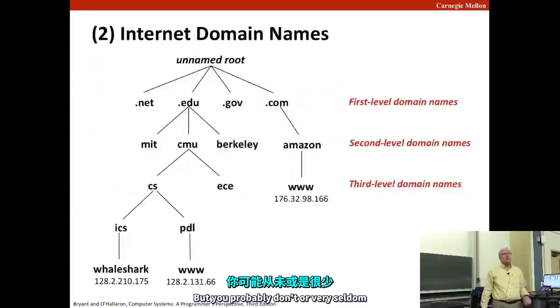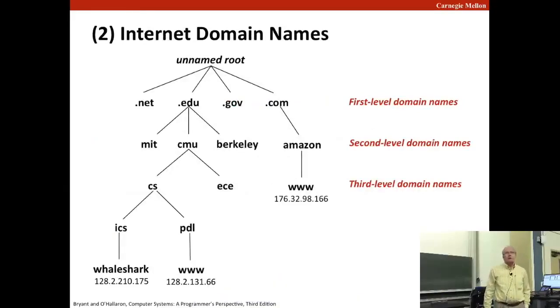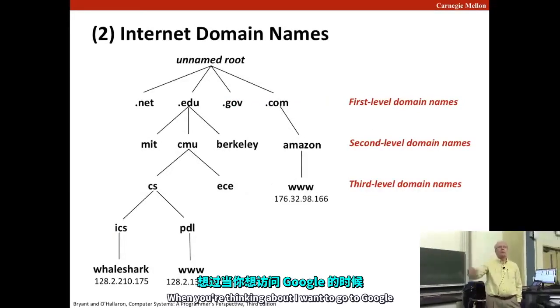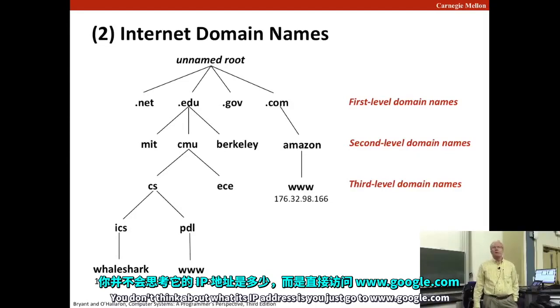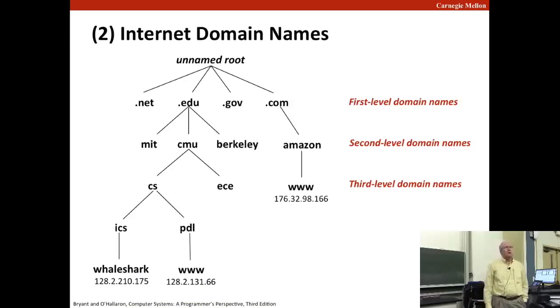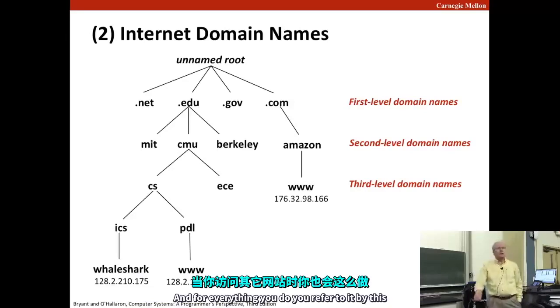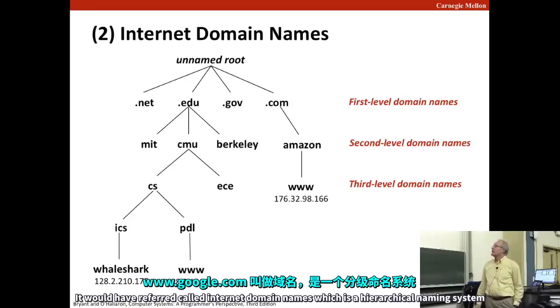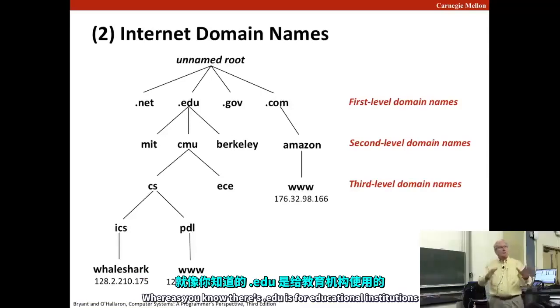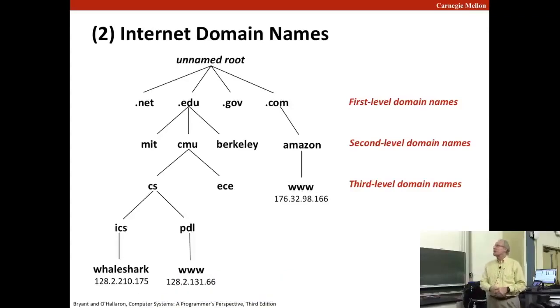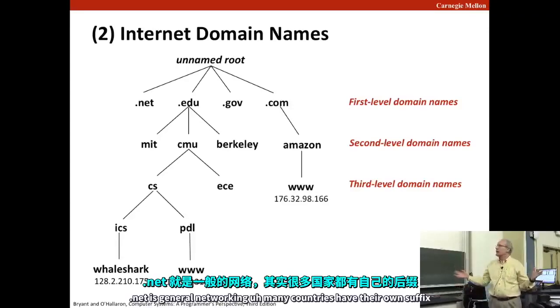But you very seldom think about what an IP address is when you want to go to Google. You just go to www.google.com. For everything you do, you refer to it by what are called internet domain names, which is a hierarchical naming system where, as you know, .edu is for educational institutions, .com is for commercial, .net is general networking.